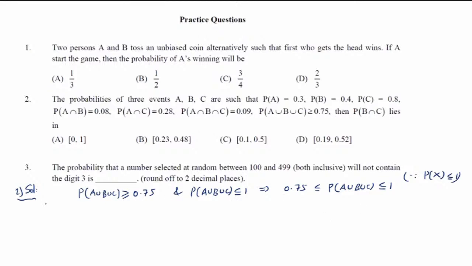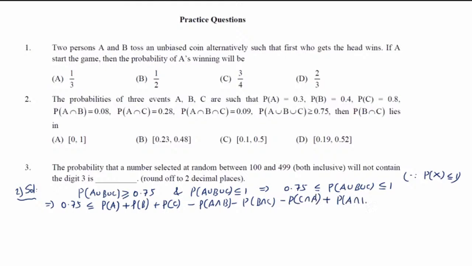So according to the addition theorem of probability, 0.75 is less than or equal to P of A plus P of B plus P of C minus P of A intersection B minus P of B intersection C minus P of C intersection A plus P of A intersection B intersection C, which is less than or equal to 1.